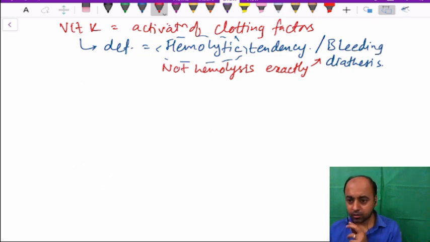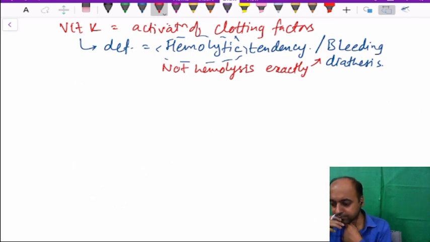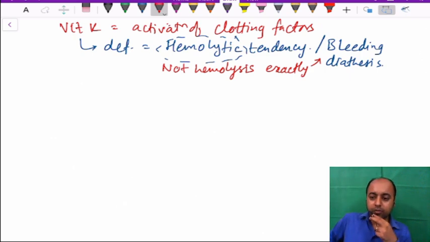Means hemolytic anemia. Okay, this I'll check for you about hemolytic anemia.